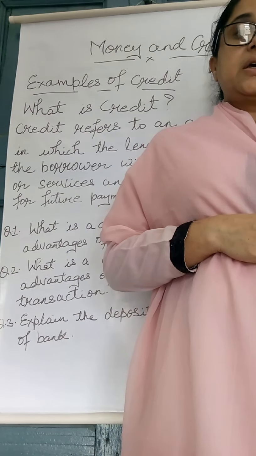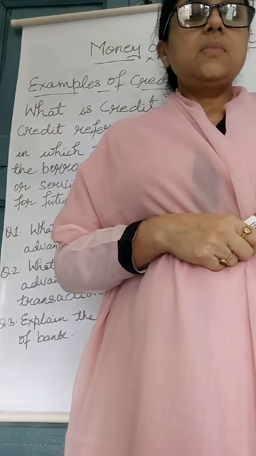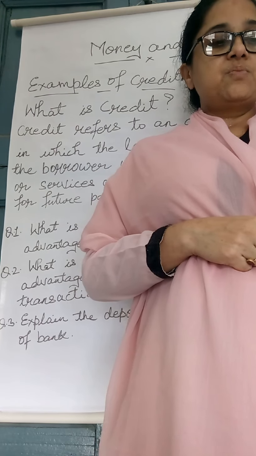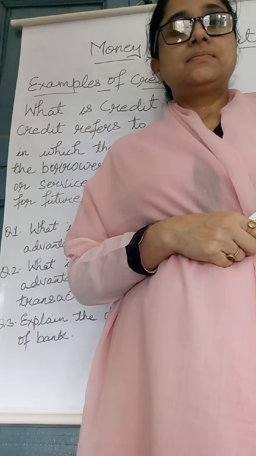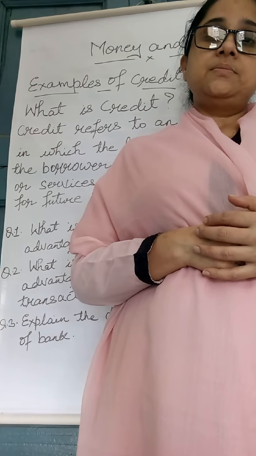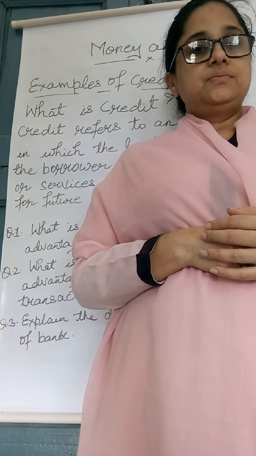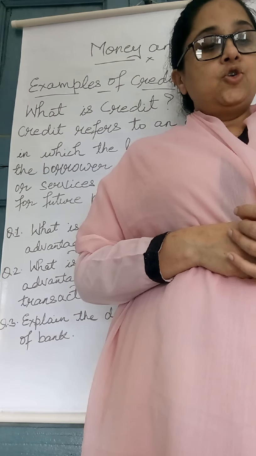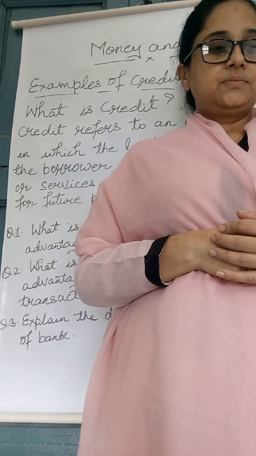Now, what is the negative impact of credit or loan? Suppose a credit was taken by a small farmer named Buddhu Singh, living in a village. He grows wheat on his 2.5 acres of land.